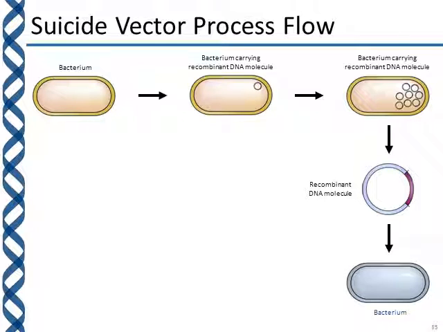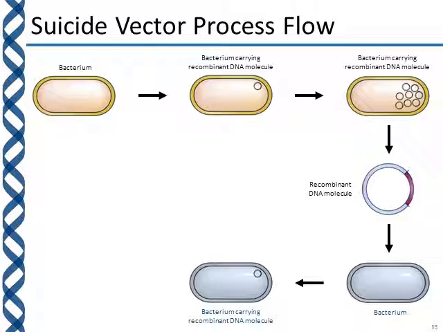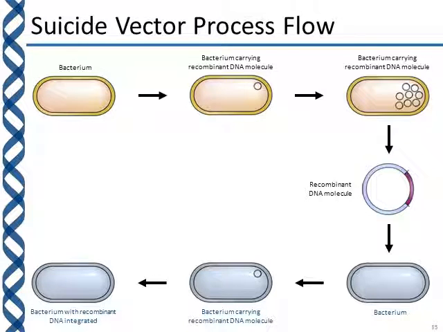It is then transferred to the second bacterium. Now you have the second bacterium carrying the recombinant DNA molecule. Now, as you'll recall, since there is no origin of replication, you cannot replicate the plasmid. However, the gene of interest, which is carried by this vector, is integrated into the bacterial genome, and the vector basically commits suicide.